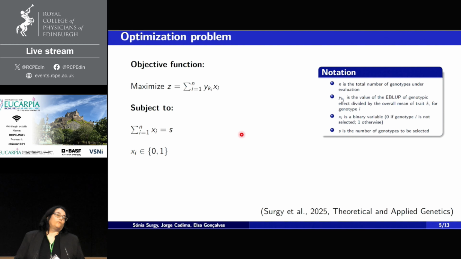On the other side, if we use only one trait in the objective function and no constraints, we can assess the maximum possible gain. That is, the gain possible to achieve when we select the top S genotypes in the group for that trait.